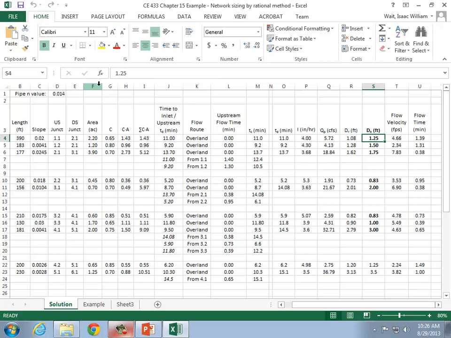if you think about an area, and let's say it starts raining on the area. It takes 10 minutes to travel from the furthest point to the grate. 2 minutes into the storm, only this amount of the area is contributing.